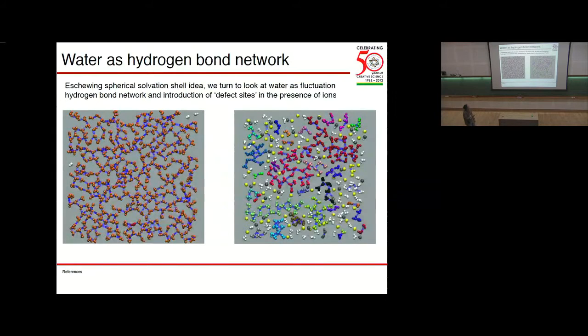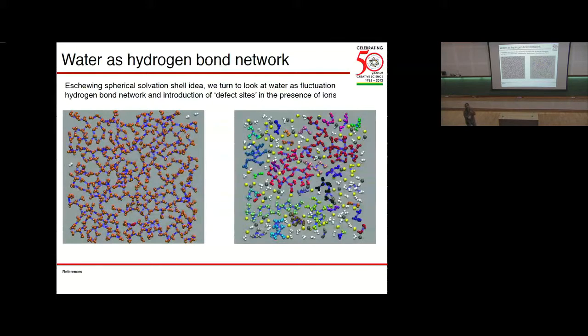And then we ask the question, what is the property of water molecules at the edge of these domains? Imagine you have a network broken up into domains because of the presence of these ions. What happens to the water molecules at the edge? They're not happy molecules, because tetrahedrality is not valid.